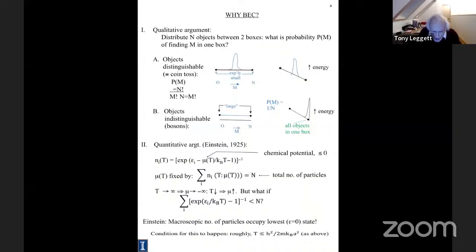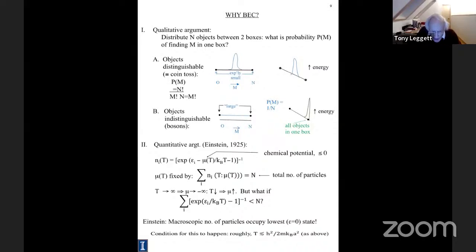Why does that happen? I have here a rather intuitive argument and a quantitative one. I think we can probably skip the quantitative one, but let's just go briefly through the qualitative intuitive one. Suppose that we have to distribute n objects between two boxes. What's the probability, P of m, of finding m of those objects in one box? Well, suppose that we're talking about ordinary objects like oranges or billiard balls.